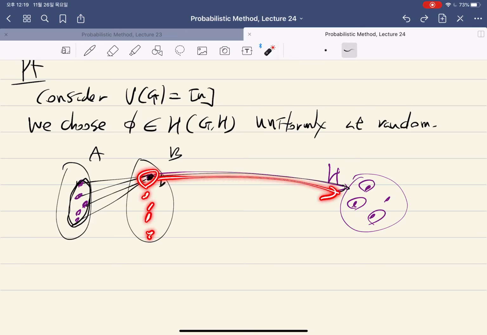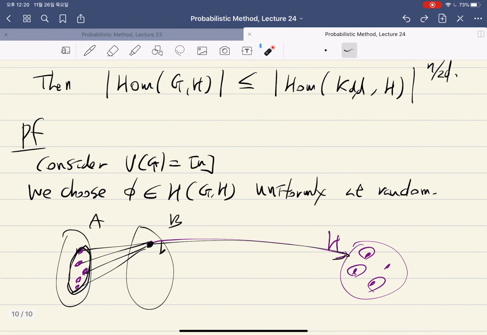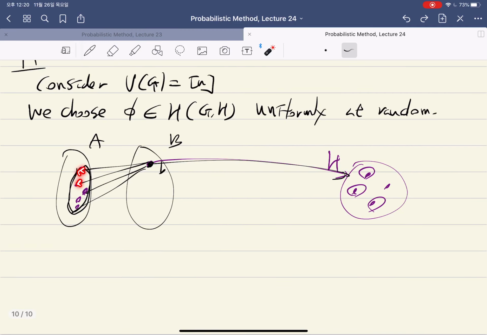The entropies altogether upper bound the entropy of this random homomorphism, which is determined by each random variable: where does this map to, where does this map to? The image of each vertex is a random variable because the homomorphism itself is a random variable.